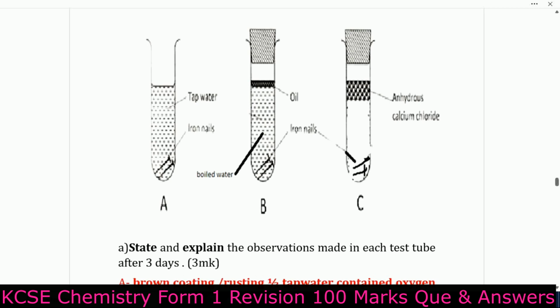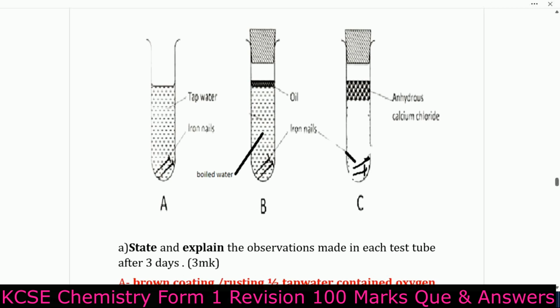B, with oil, iron nails in both of them. One has boiled water, the other one has anhydrous calcium chloride. You are told, state and explain the observation made in each test tube after 3 days.